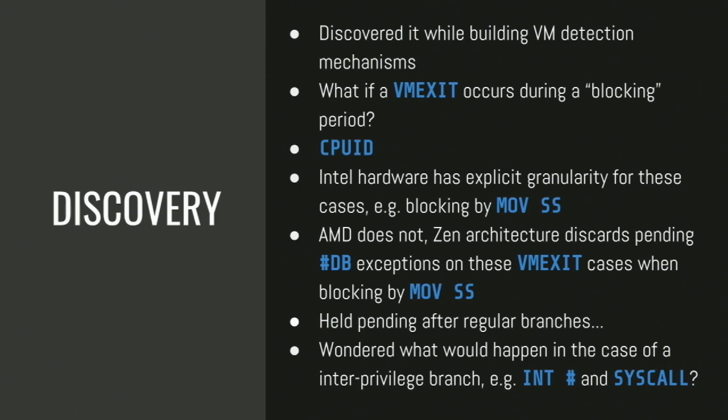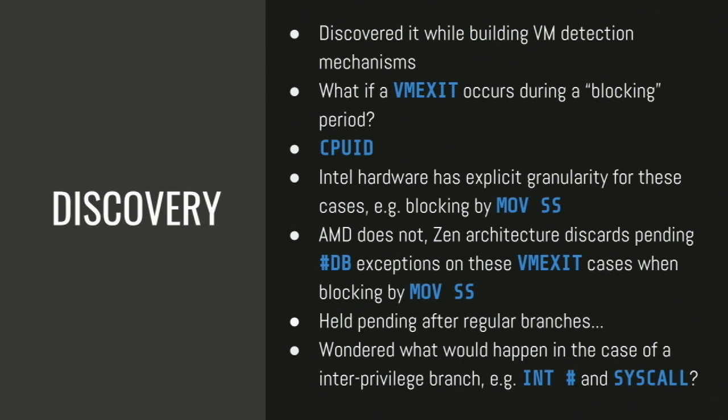So just to dive into a deep technical detail quickly, in AMD, if we have a VM exit after CPUID with a pending DB, it just completely throws it out. In Intel, it's actually held pending, and if the VMM developer wrote their code correctly, it will be thrown after the CPUID increments its instruction by one complete cycle.